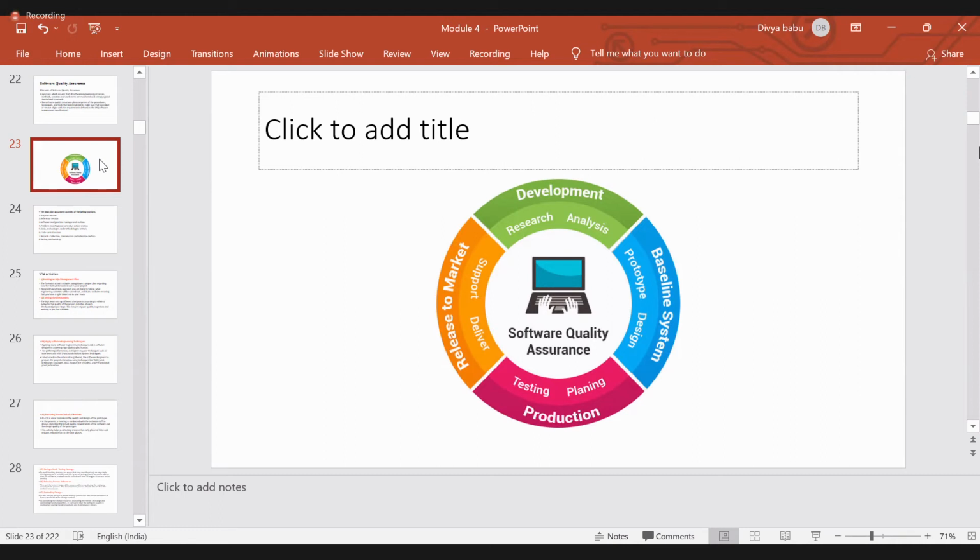These areas are always following some standards: research, analysis, prototype, design, planning, testing, supporting, delivery. Everything follows some standards to meet the quality. So that is software quality assurance.